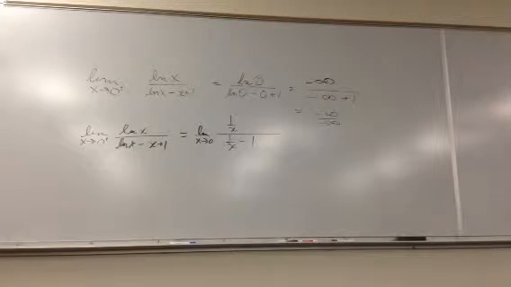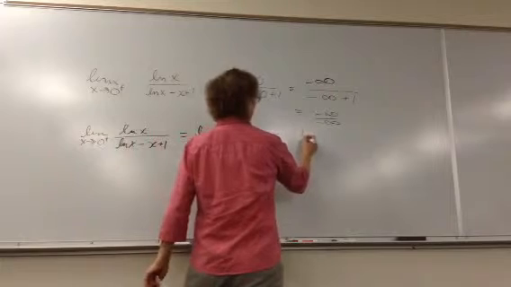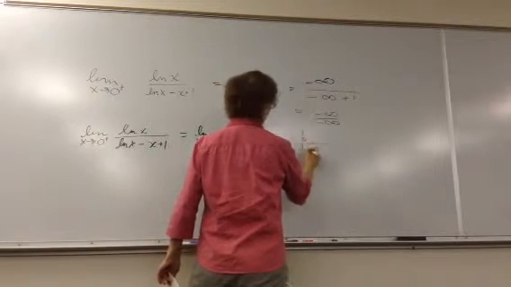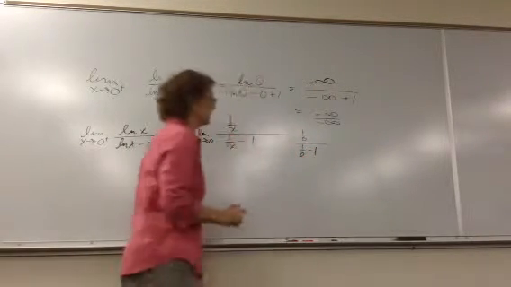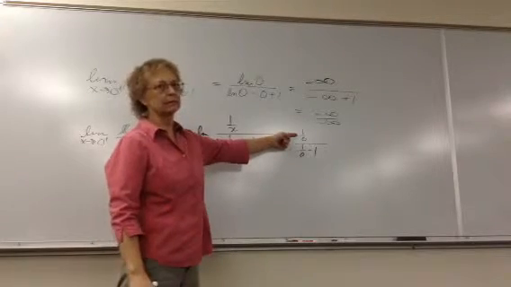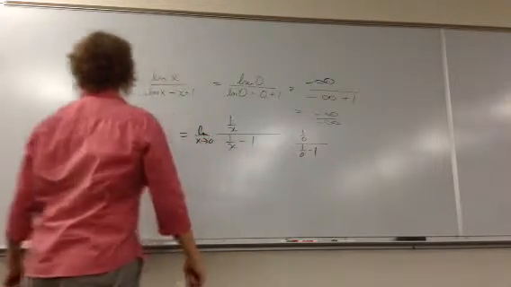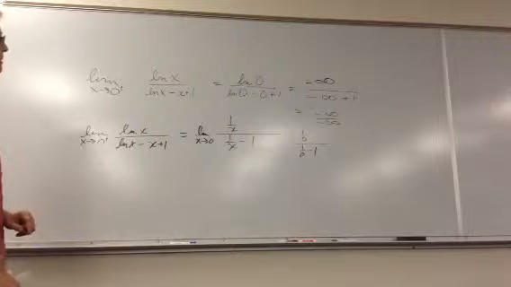Is it still indeterminate? 1 over 0 over 1 over 0 minus 1. As x approaches 0 from the positive side?